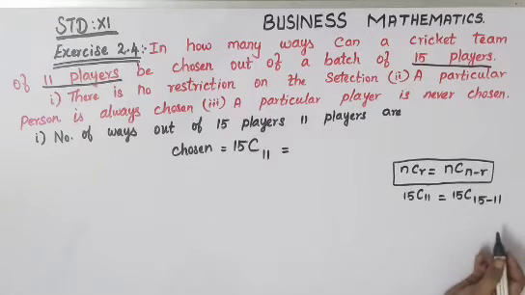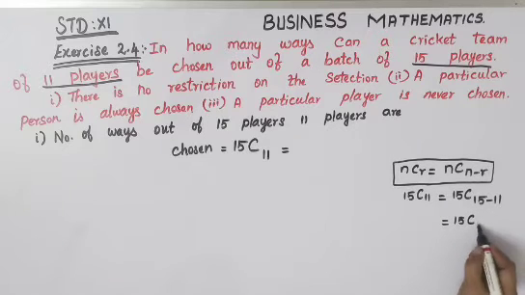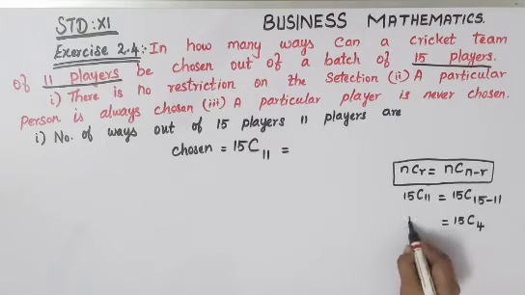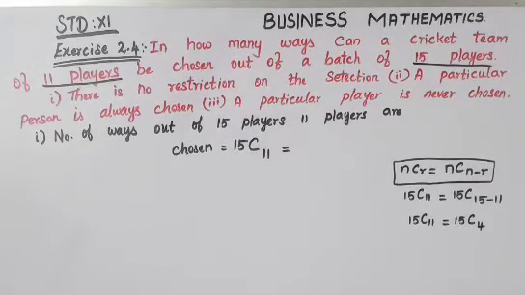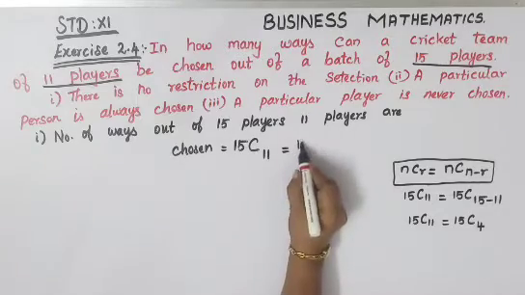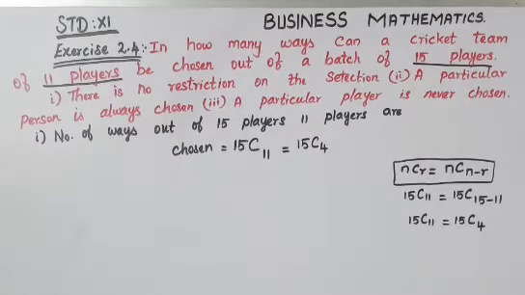You can change like this. So that is equal to 15C4, since 15 minus 11 will become 4. So whenever 15C11 is there, you can convert like this and change it into a small number, 15C4. Otherwise, till 11 you will have to write your numbers. So convert like this and then do your sum.